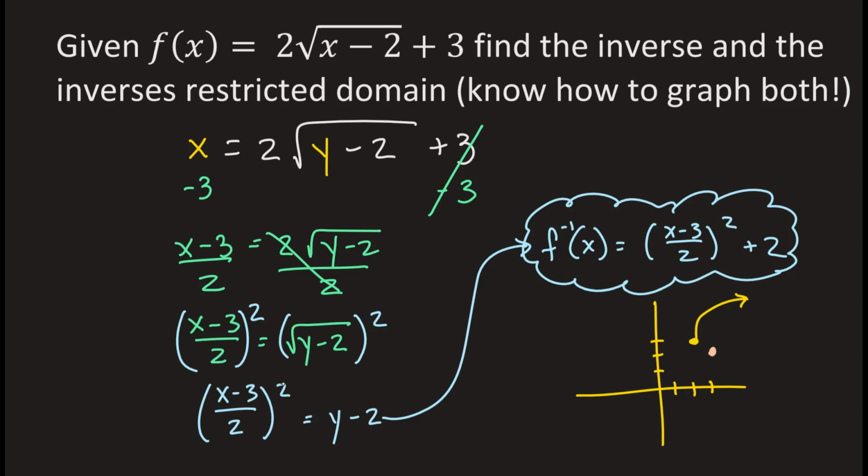And remember, we're always reflecting over this line, y equals x. So my graph is going to look like this. Is it a full quadratic? No. However, if you look at our inverse function, is this a quadratic? Yes, it is, right?